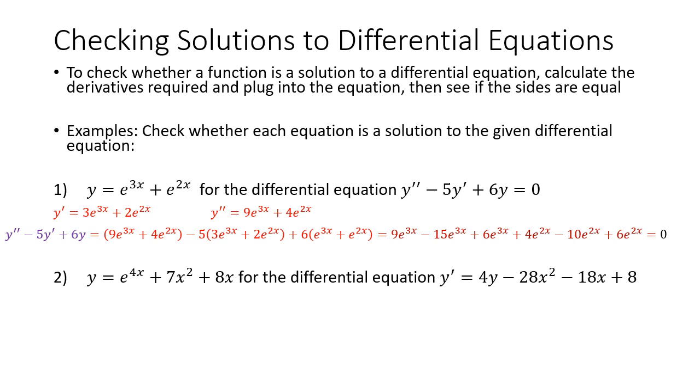Notice that 9 minus 15 plus 6 is 0, and 4 minus 10 plus 6 is 0. So all of that combined is equal to 0, and this function satisfies the differential equation. Please note this is not the only solution to the differential equation. More about what constitutes every solution to a differential equation will come later.